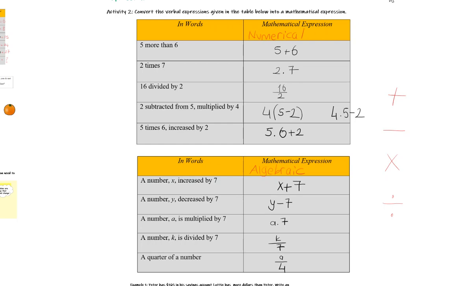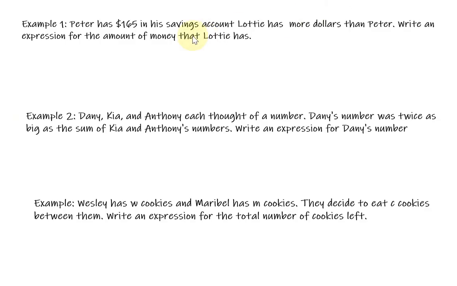Let's have a look at some examples. This is example 1. Peter has $165 in his saving account. Lottie has x more dollars than Peter. Write an expression for the amount of money that Lottie has. Please write it on your own and then watch the video.